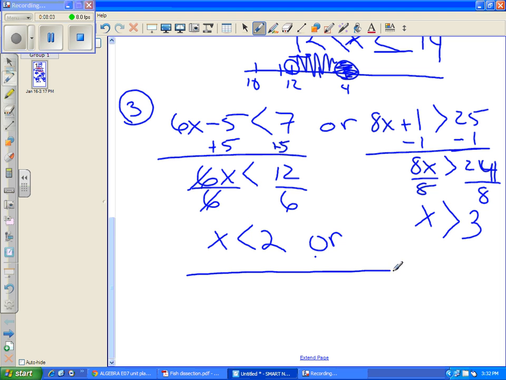Let's do our number line right here where I have the numbers 1, 2, and 3. Now, if I put this here, I have x is less than 2. I put a circle here, and I squiggle everything with an arrow in that direction because it's all the numbers less than 2.